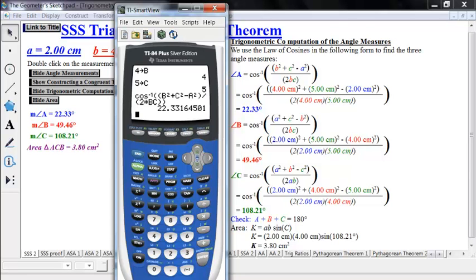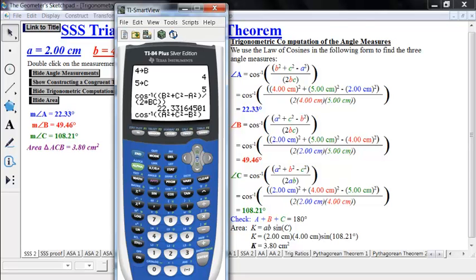But here we see even more digits than is shown in the sketchpad sketch. Similarly, we can find angle B by doing inverse cosine, parentheses around the numerator, a squared plus c squared minus b squared.